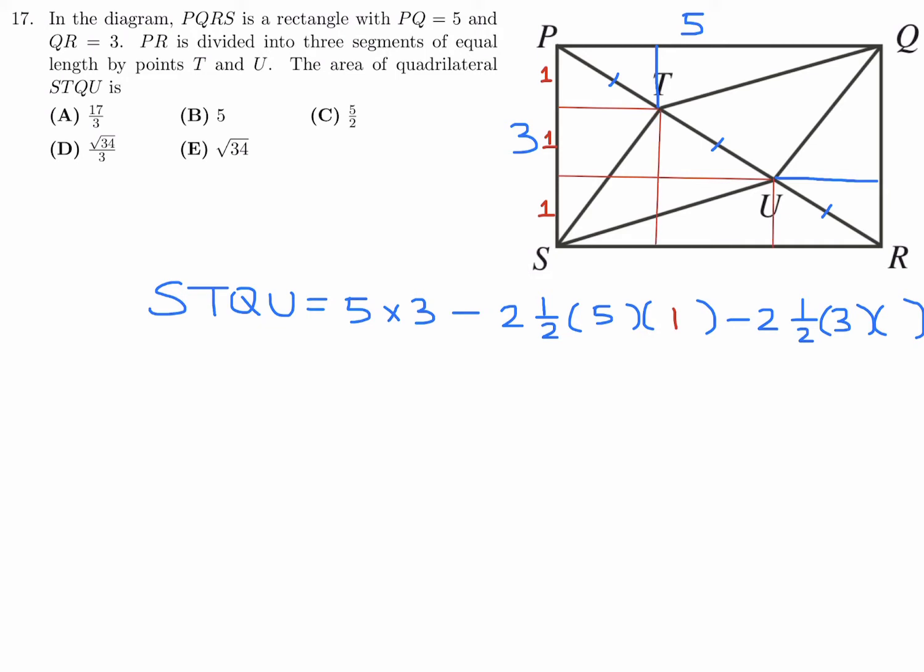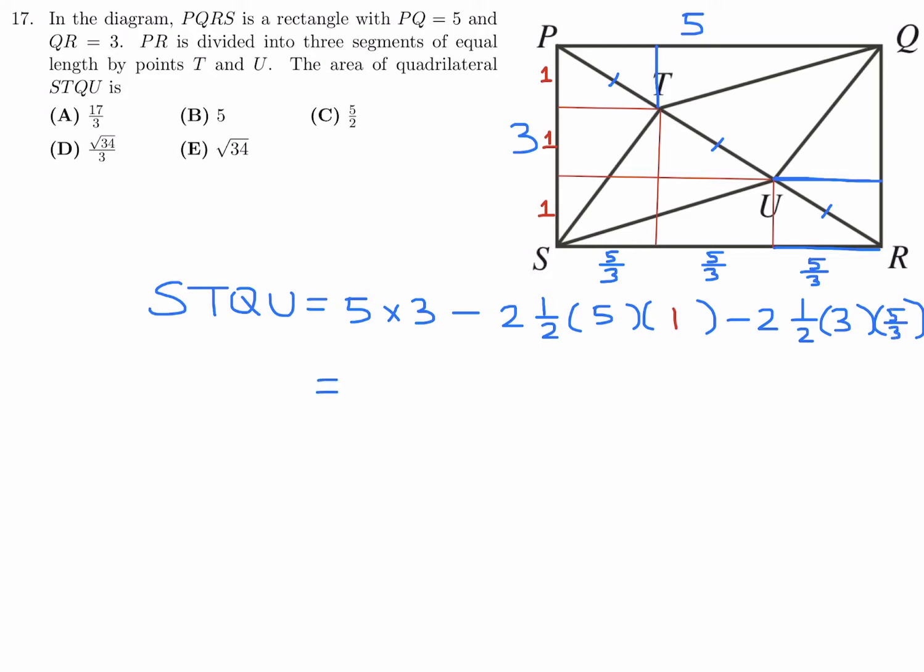Since this line has been chopped into 3 equal parts, when you draw lines to SR, it chops SR into 3 equal parts. So this is 5/3, this is 5/3, and this is 5/3. So this height is 5/3.